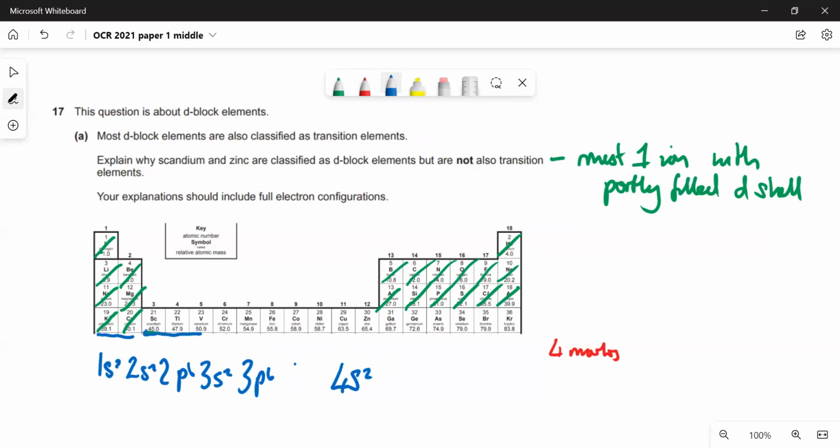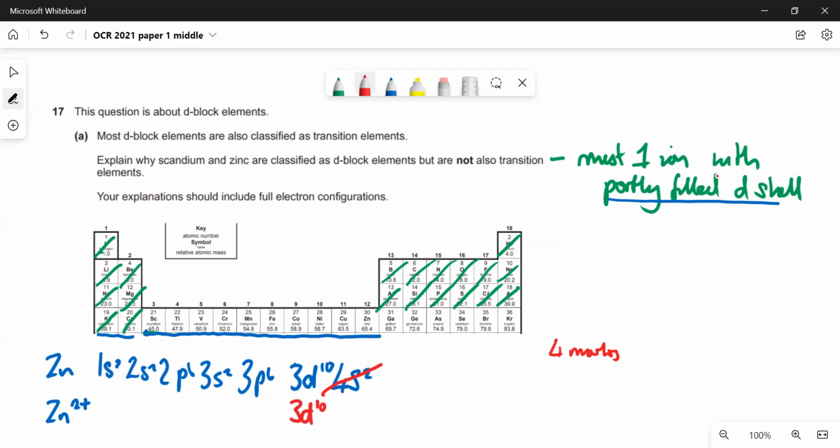And then in zinc we have 10 electrons in the D shell, so that's 3d10. So it's in the D block because it's got electrons in the D shell. But why isn't it a transition metal? Well, it doesn't form an ion with a partly filled D shell, because the only ion zinc forms is the Zn2+ ion. In the Zn2+ ion you're just going to lose the 4s electrons, they're the highest energy. So you end up with 10 electrons in the 3d shell. So zinc is not a transition metal.